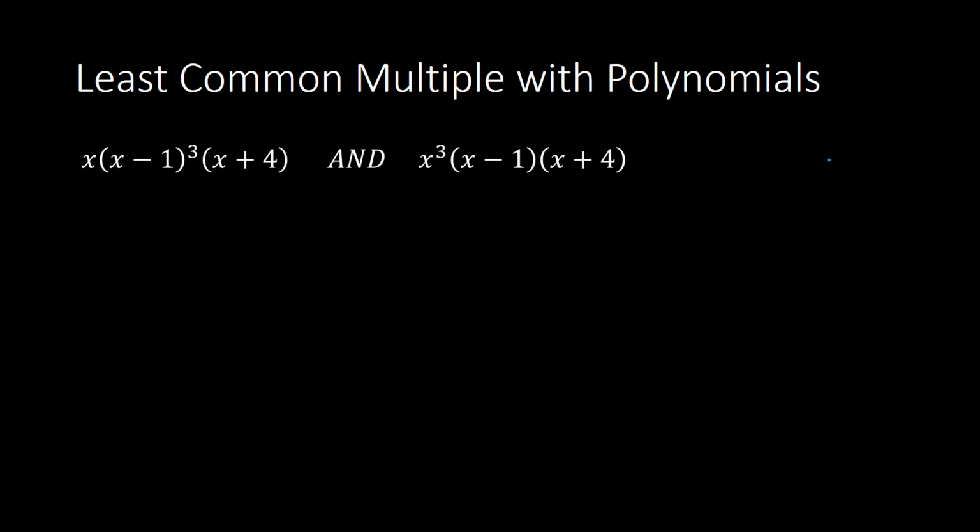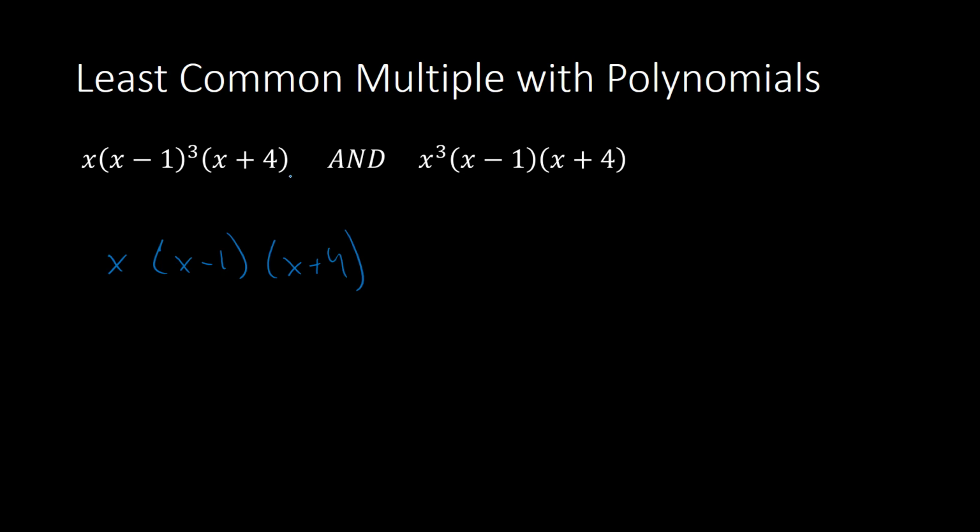x times (x minus 1) cubed times (x plus 4), and x cubed times (x minus 1) times (x plus 4). The process is the same as with numbers and with just variables, where we see what factors do we have represented. Well, we have x's, we have x minus 1's, and we have x plus 4's.